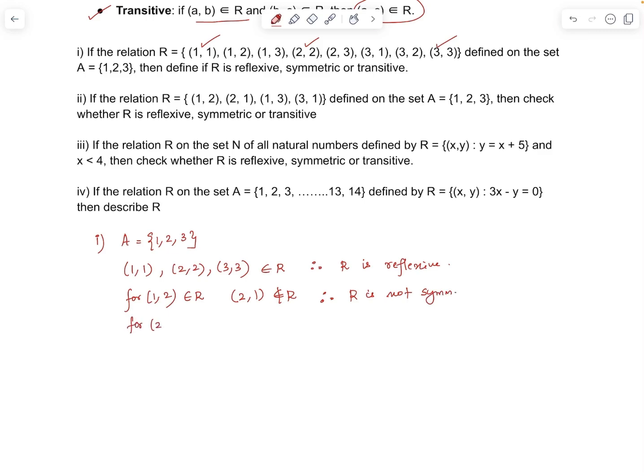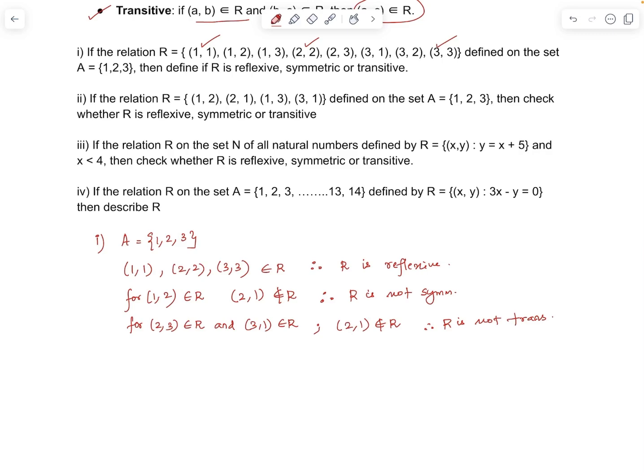For (2, 3) in R and (3, 1) in R, there is no (2, 1) in R. Therefore, R is not transitive. Putting the results together, R is only reflexive. It is neither symmetric nor transitive.